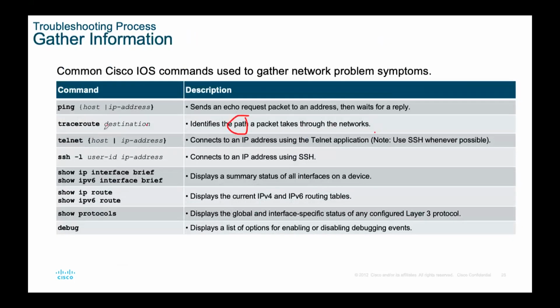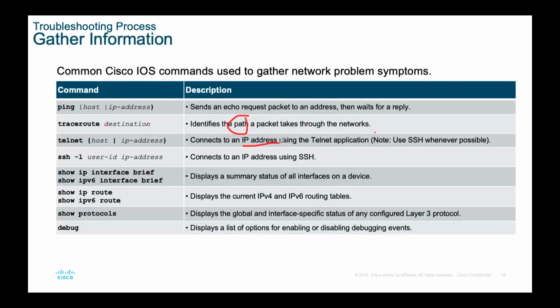Telnet, either with a host or IP address. Similar to ping, it connects to an IP address using the telnet application. And then SSH, for security, connects to an IP address using SSH.